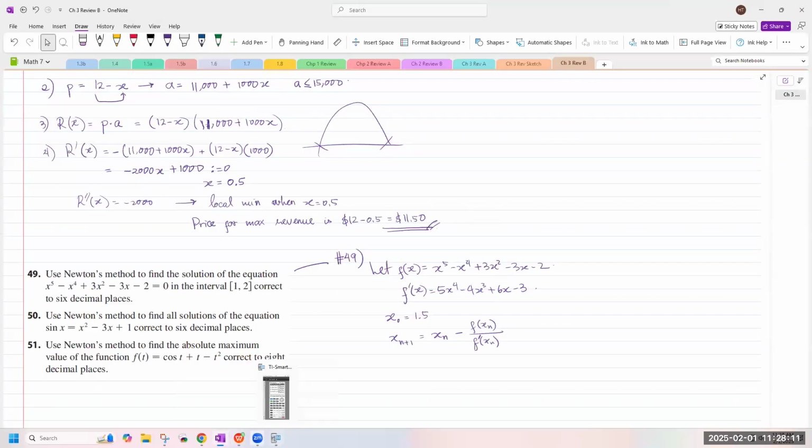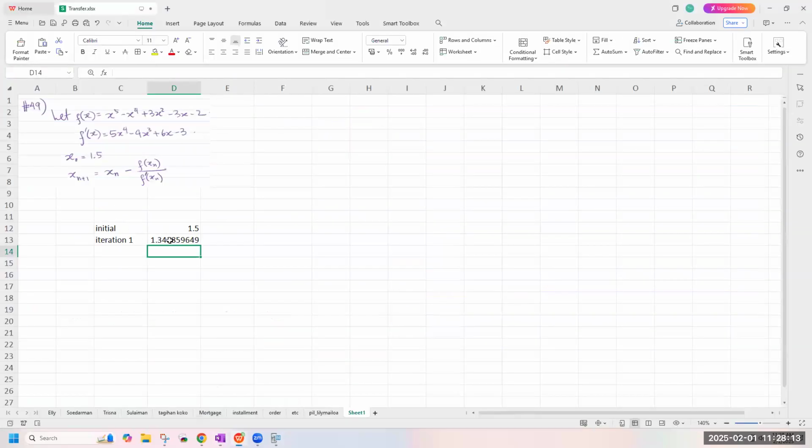Okay, so this is the first iteration, right? Now you can copy paste this all the way, and we can stop once we have the number of decimal places you need. Iteration 2 here, and notice that by the 5th iteration we already get the same number, so we don't need to go far.